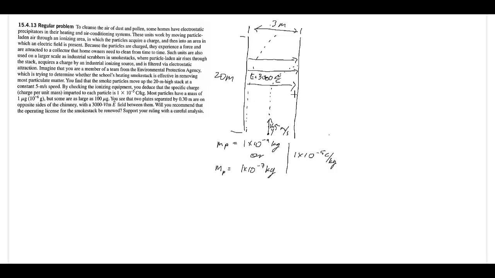So again, this particle here, which I'm assuming is the heaviest one, this 1 times 10 to the negative 7 kilograms with this much charge on it, if it starts all the way on the wrong side, so it's not near this wall, it's near this wall, and it passes through our E field, even though it is the heaviest one and lasts in this E field, it will still not make it the full 20 meters out.